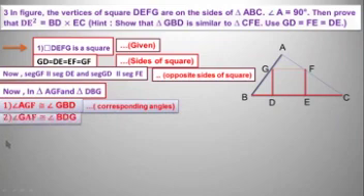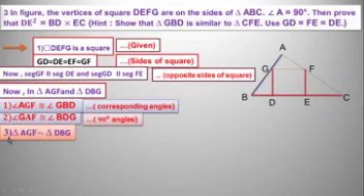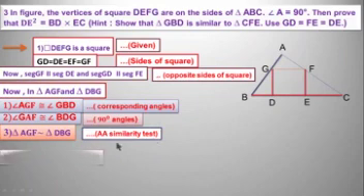Statement number 2, angle GAF is congruent to angle BDG, 90-degree angles. Statement number 3, triangle AGF is similar to triangle DBG by AA similarity test.